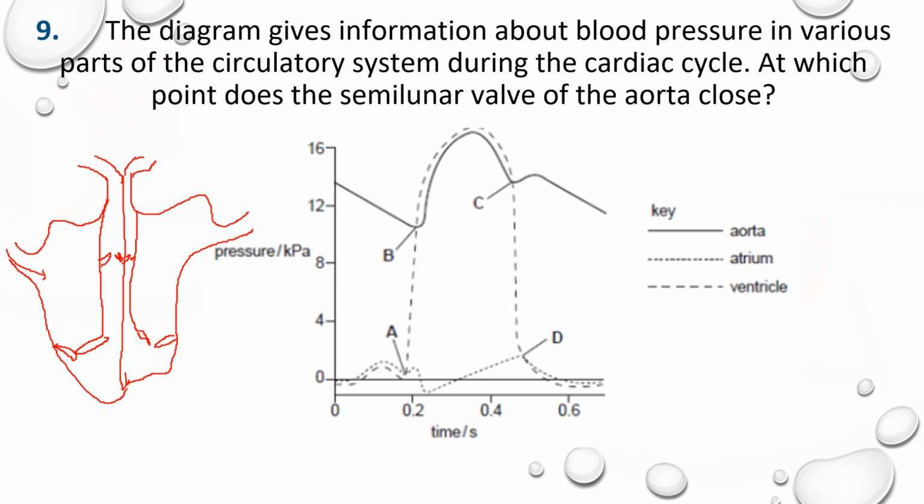And this is the right atrium. This is the right ventricle, RV. This is the left atrium. Left ventricle.